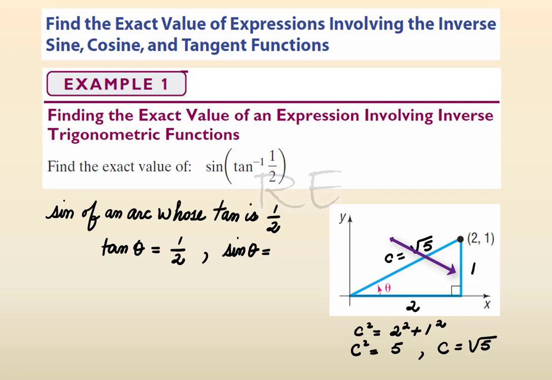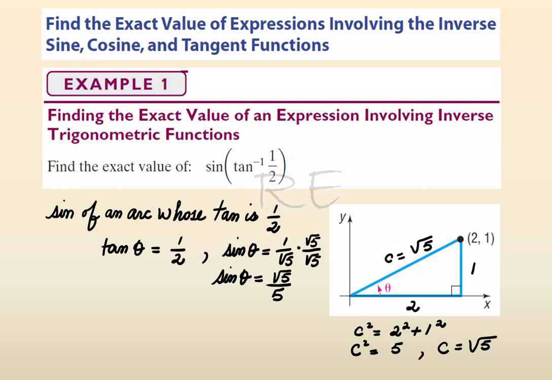The sine of theta will be the opposite, 1, over the hypotenuse, square root of 5. When rationalized, the sine of theta will be square root of 5 over 5.